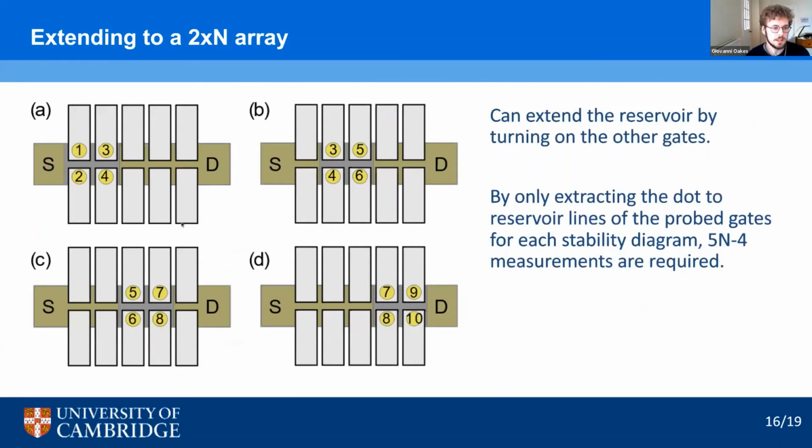And then the last step: I've shown you how this is possible for a 2x2 by taking, for instance, multiple stability diagrams. But as we extend our nanowire, we will have some quantum dots that are not directly connected to a reservoir. So our idea is that we could potentially extend our reservoir by applying large voltages on the gates that we're not interested in, and then find the gradients for these four dots that we are populating at a time.